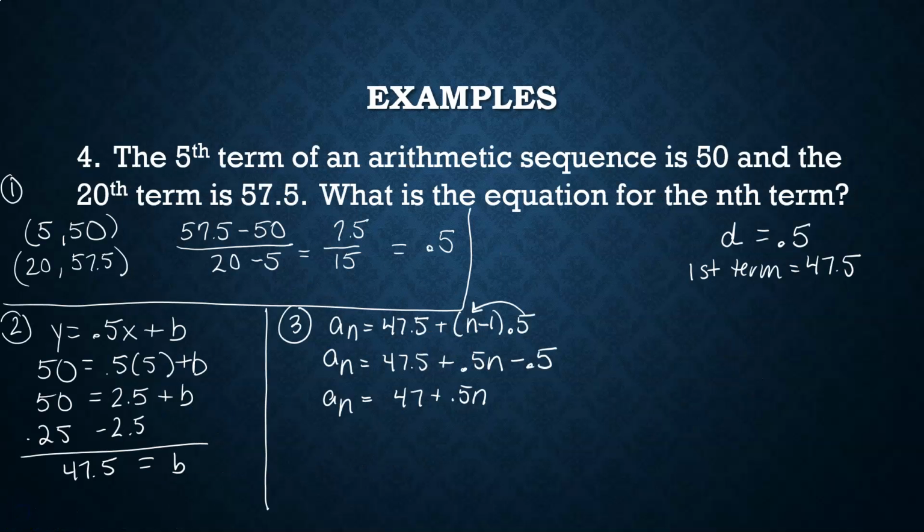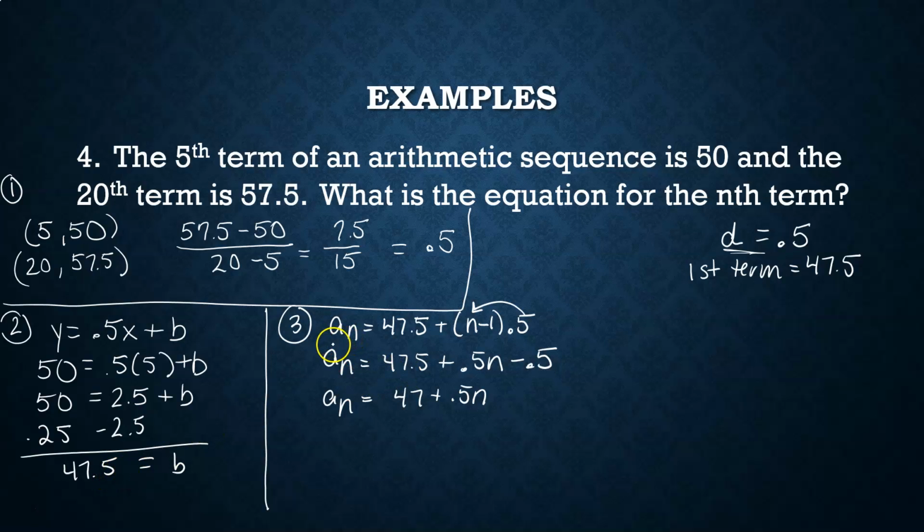Okay, so if you use the points to get a slope, you would have 5 and 50 and 2 and 57.5. You use the slope formula. Here is your slope, which is your common difference over here. Your common difference is a half. So if you plugged that rate of change into a slope-intercept format equation and you used the point to get your y-intercept, you would have your y-intercept is 47.5.